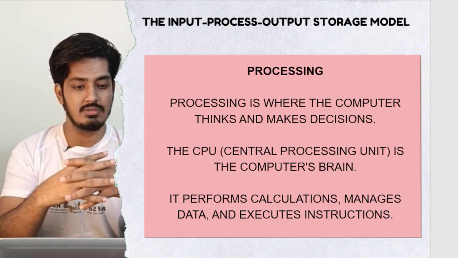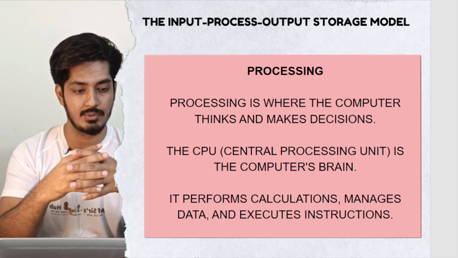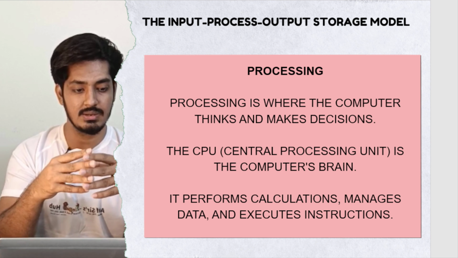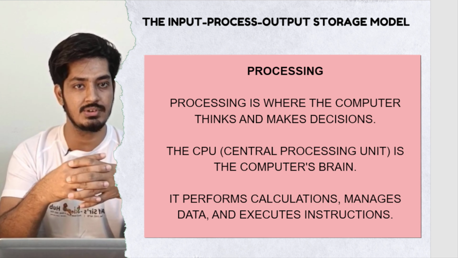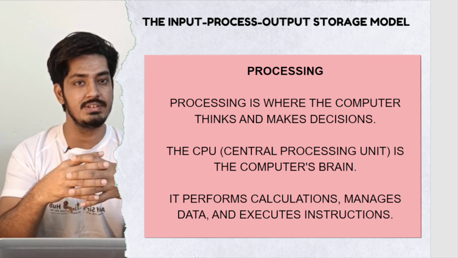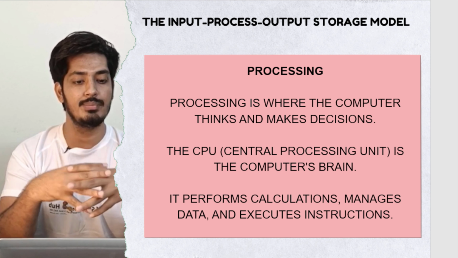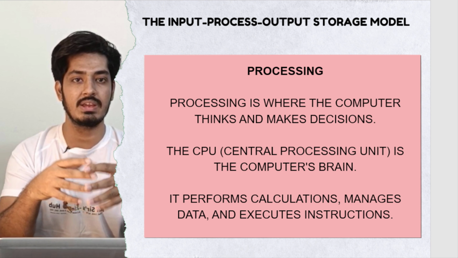Let's discuss the processing section. Processing basically happens in the processing unit, that means the CPU, the central processing unit. The central processing unit is the brain of the computer. Why can we call it the brain? Because all the data received from the inputs, the keyboard, mouse or trackpad, the computer will process, think about, make decisions and make calculations.